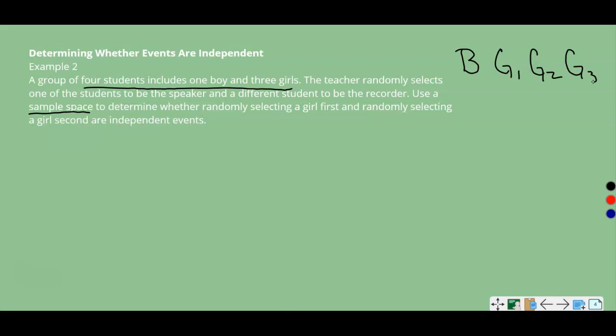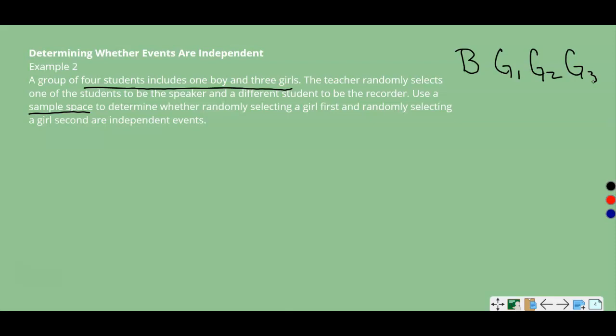It says the teacher randomly selects one of the students to be the speaker and a different student to be the recorder. Use a sample space to determine whether randomly selecting a girl first and randomly selecting a girl second are independent events. All right, so we'll have to use the formula again to find out what that percentage would be. But first, we got to create a sample space.